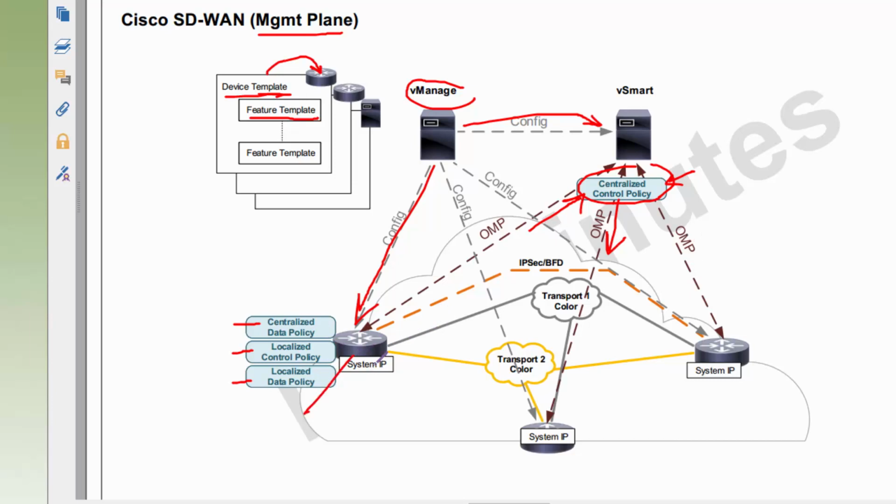So if this device has multiple interfaces, then the policy will be applied at those interfaces, as opposed to either from transport or from service, and that's per VPN, for the centralized data policy. So that's the difference. For the most part, localized data policy is used to configure QoS and traffic mirroring.